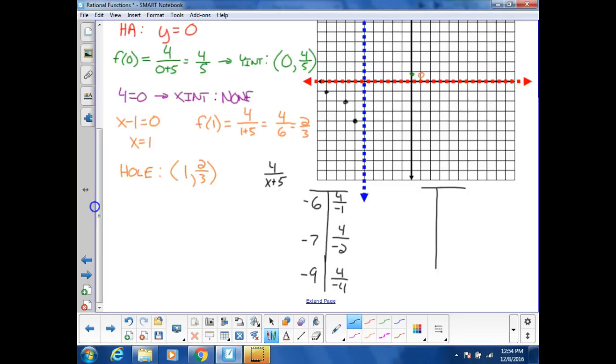So then over here, if I went -4, I'd have 4 over 1. 4. -3 would be 4 over 2, which would be 2. And then -1 would be 4 over 4.